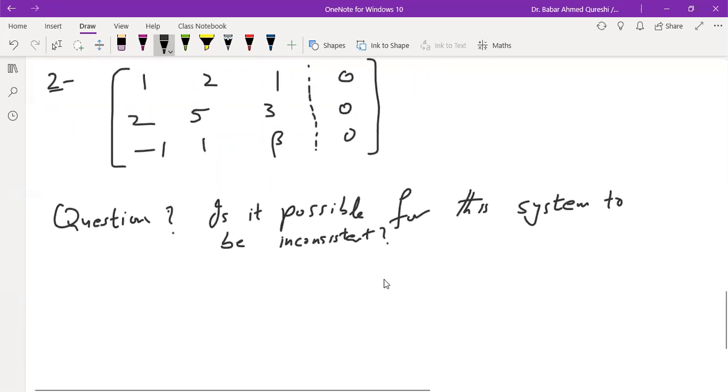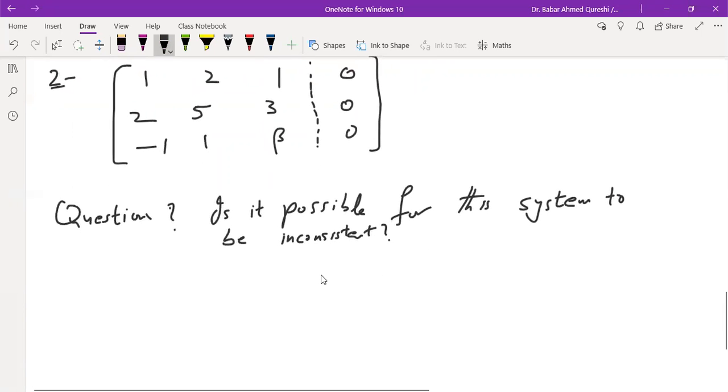So what's the answer? Yes. Why? Depends on the value of beta. Well, if you recall, for an inconsistent system, the last row must take this form.